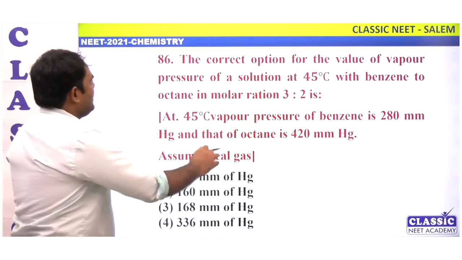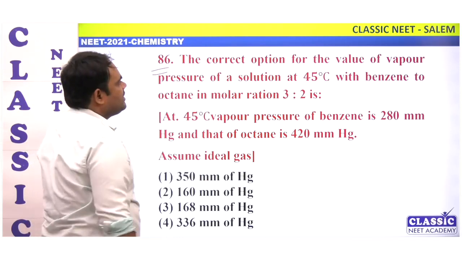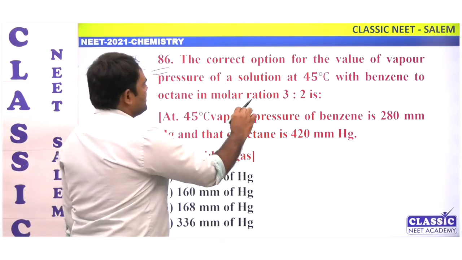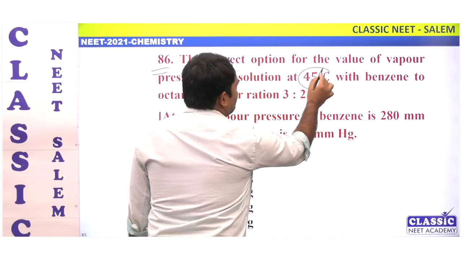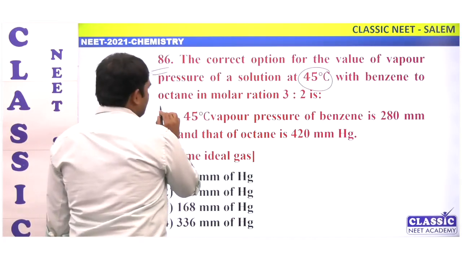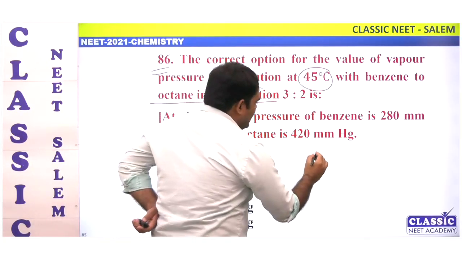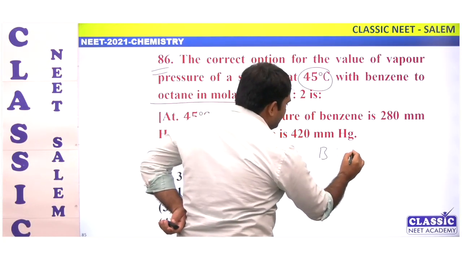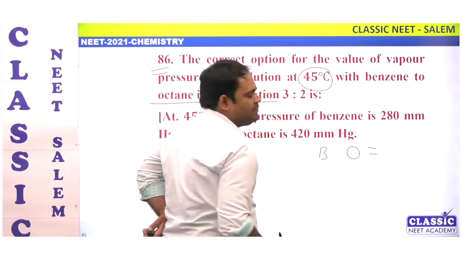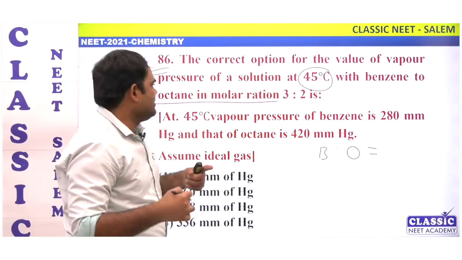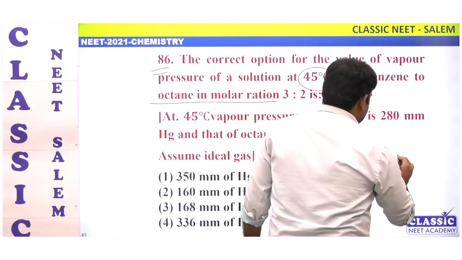Section B. In that, the correct option is given for the value of vapor pressure of the solution at 45 degrees Celsius with benzene to octane in a molar ratio of 3:2. For benzene I am putting B, and for octane I am using O, just for understanding.